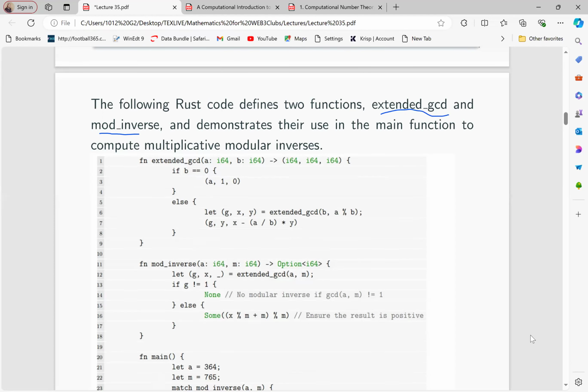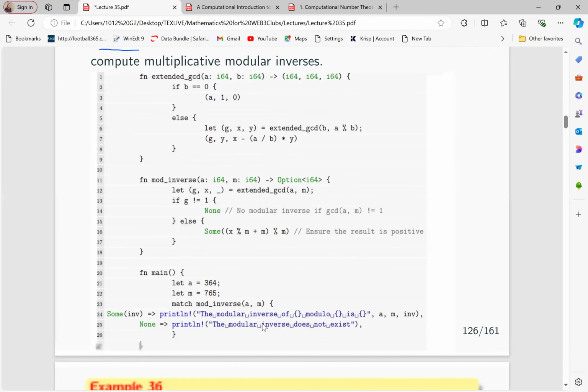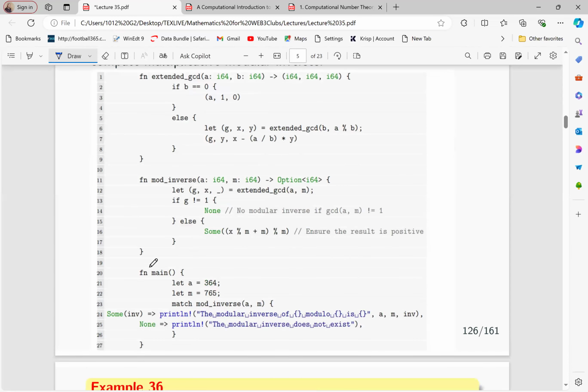Those are the functions which will be assisting us to find the inverse. The first one is the extended one. Of course, you begin from where we have the main function. You could even have put it at the top, there's no problem. I decided to put it here.